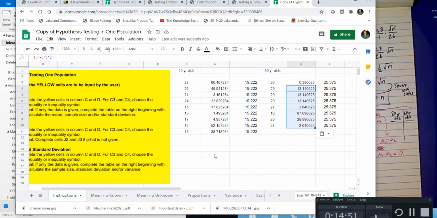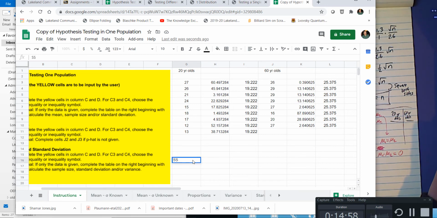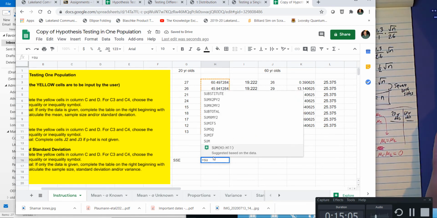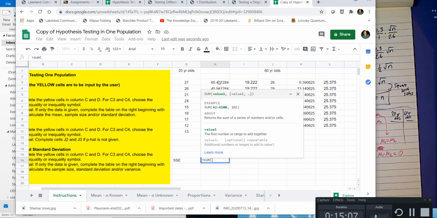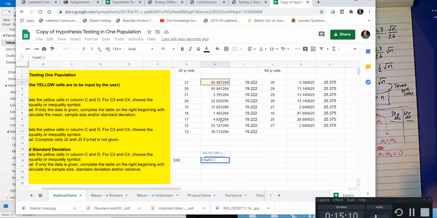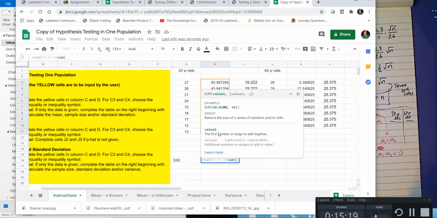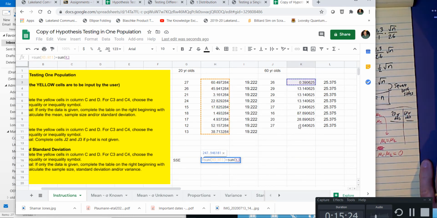Okay. So basically what I need to do now is a lot of adding. Down here I'm going to have SSE. And the way I'm going to do it is I'm going to add the sum of all of these values plus the sum of all of these values.